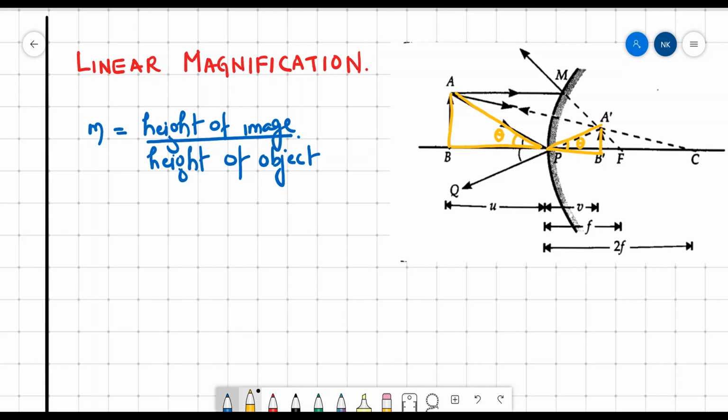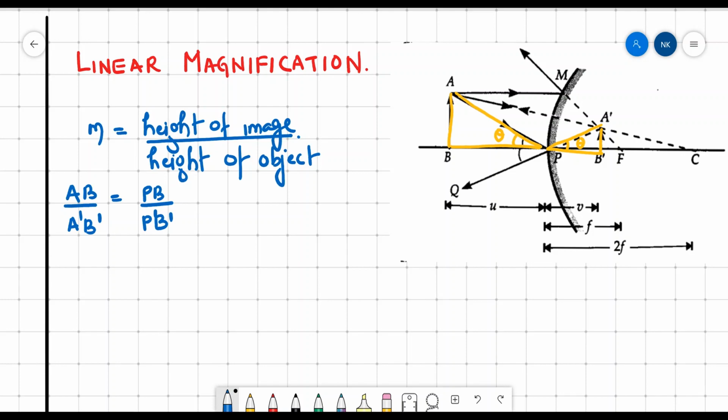Okay, so here you see, what help am I going to get from this triangle? Considering these two triangles, AB upon A dash B dash is going to be PB upon PB dash.